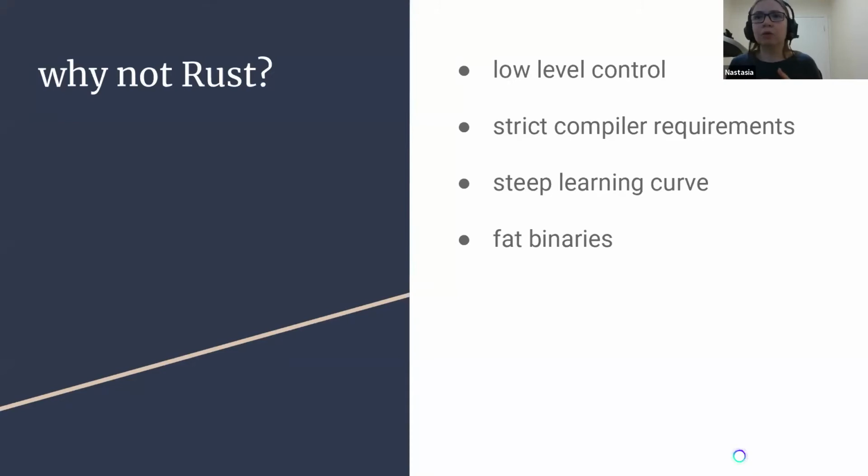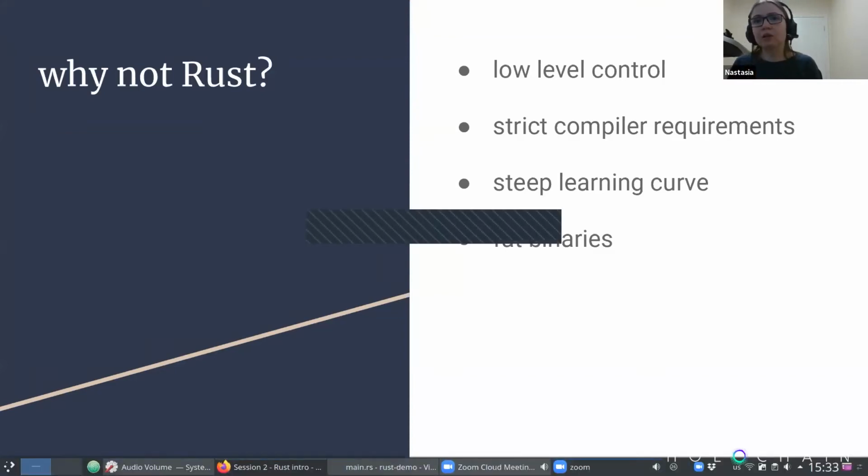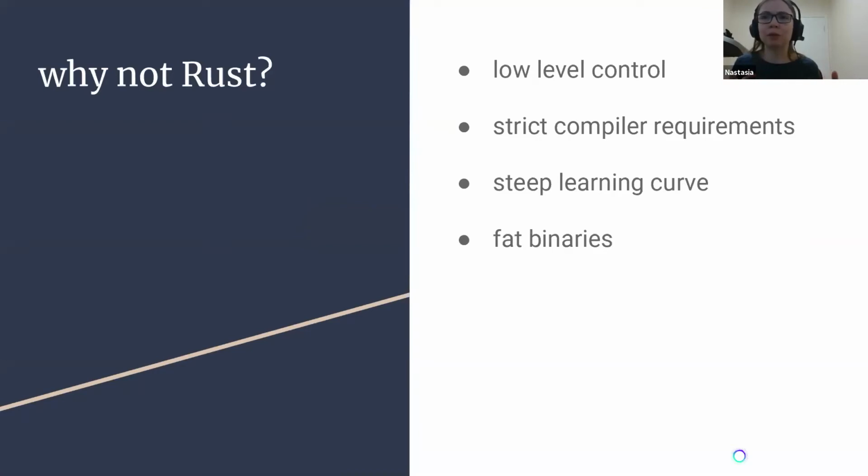And then there is a steep learning curve, which means that there wouldn't be that many Rust developers available, and that you could take more time to learn the language and to be proficient in it to write production-grade code. And then the fat binaries are also a double-edged sword, because from one side, it allows you to package the entire execution environment and dependencies into, well, a fat binary.